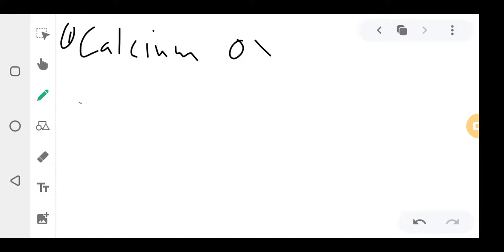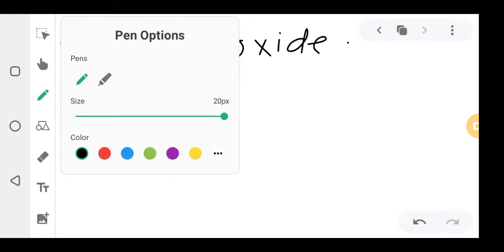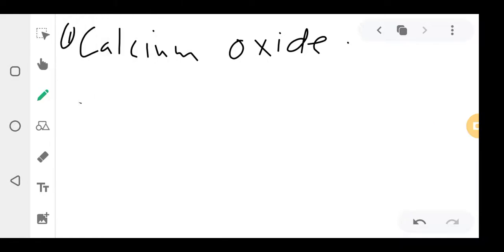Calcium oxide. So how do you write it? First you write the symbol for calcium, then oxide. Then always down here you put one and one.